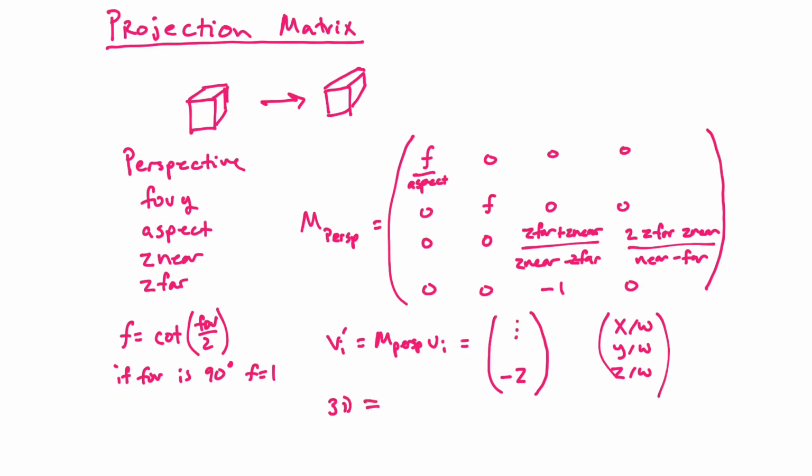So 3D to 2D is divide by Z. And the way that we do this is with this matrix, which moves the Z component into the W component. And then the Z component is going to get mapped to a set of values that is appropriate for the depth buffer, which we're expecting numbers between 0 and 1. And that'll be part of the exercise that you will complete with this lesson.